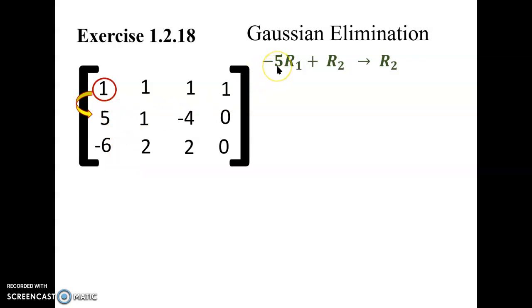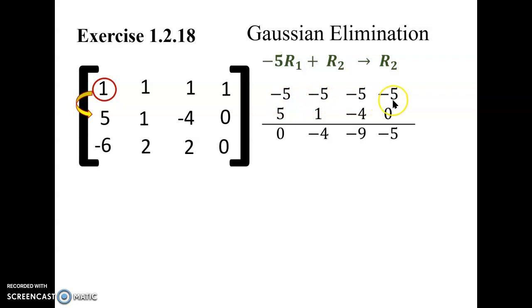If I multiply that first row by negative 5 and add it to the second row, and then put what's remaining back in the second row, I will have eliminated. See how I've got a 0 in that first column.